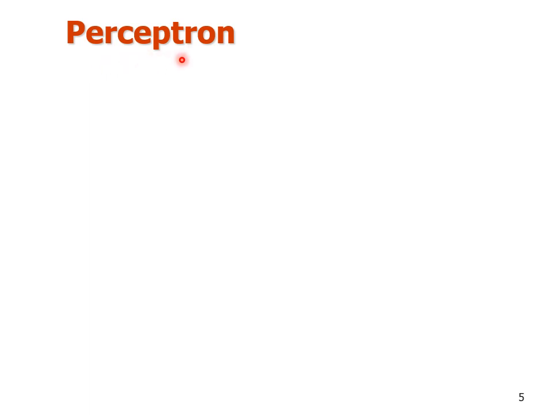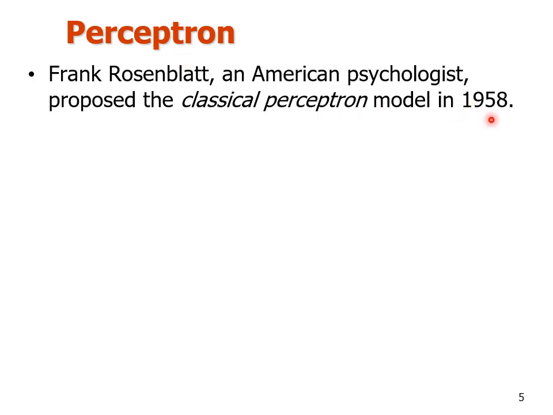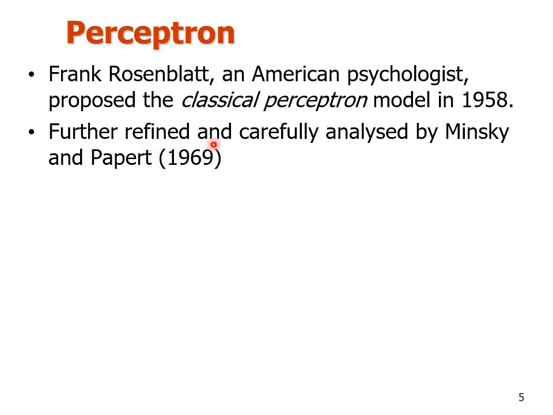As I mentioned, it was proposed in 1958 by Frank Rosenblatt, and further it was refined and carefully analyzed by Minsky and Papert in 1969. So, let us see the main differences between MP neuron and perceptron.